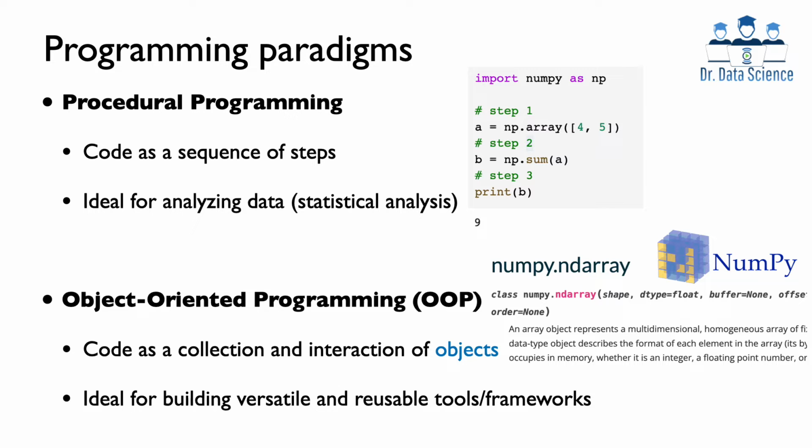For example, NumPy allows you to create multidimensional arrays that have some properties, and you can also perform some operations on them. Therefore, objects are very important because we can build versatile and reusable tools and frameworks. And it's very useful even for defining different types of neural networks, as we're going to see when discussing PyTorch.